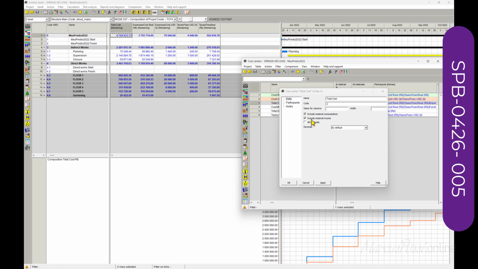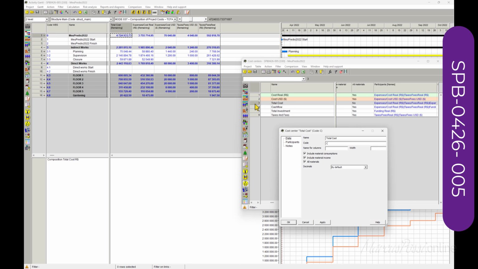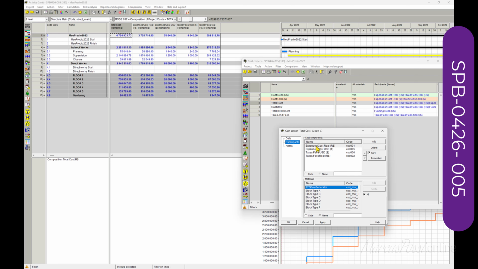I cannot repeat what you have done. Anyway, you should set all the materials considered in projects, because the total costs group all the expenses and taxes into itself, and of course all the materials.